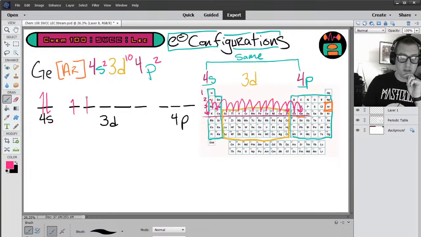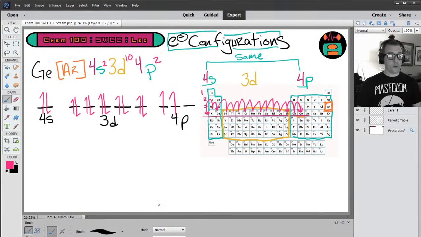So we've got 1, 2, 3, 4, 5, 6, 7, 8, 9, 10. And then there are 2 electrons, 1, 2, in the 4p subshell. So this is the electron configuration and orbital diagram for germanium.